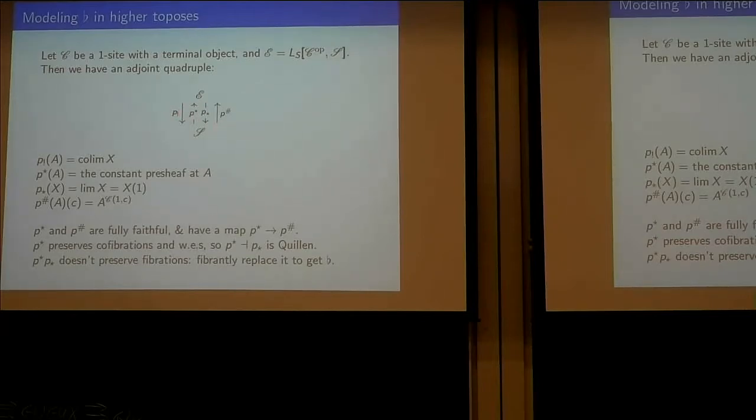And in addition, if this site has a terminal object, then the right adjoint, the limit here, is the same as just evaluating at the terminal object. And so it has a further right adjoint, which sort of takes the power by the global points of the set. And so this here is the thing that acts like discrete things, and this thing acts like codiscrete things.